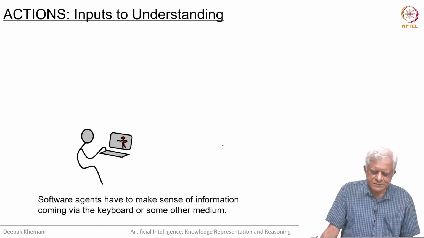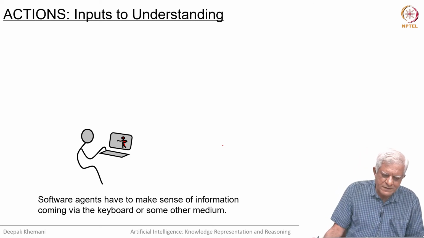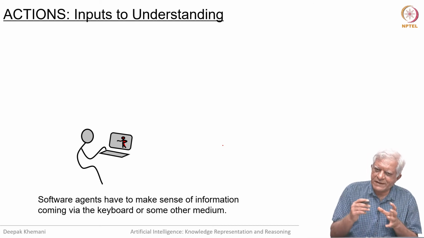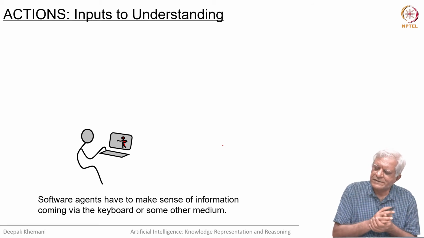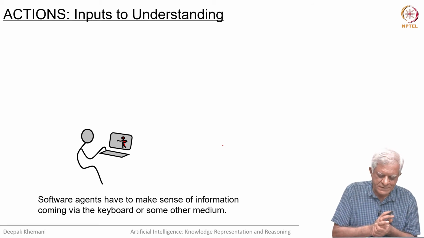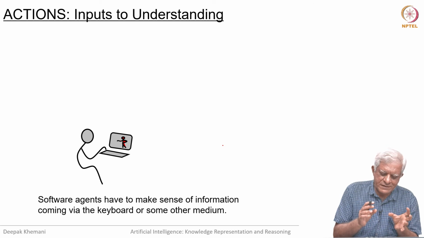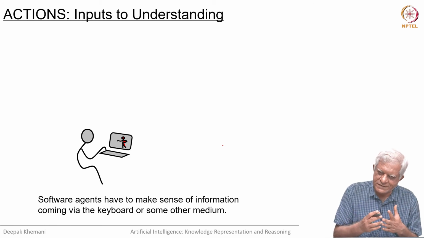Now, if a software agent has to deal with other people or agents, for example, in a computer game is the example that I am using here, the software agent or any agent in particular can only see the actions of other agents.